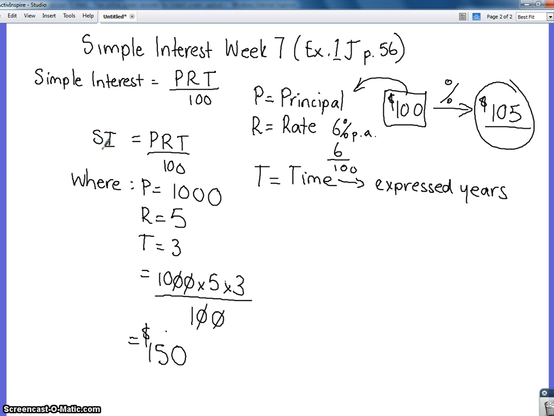The reason why I want you to set it out this way, Jared, is because of a question like question 7 on page 57. We're just going to look at using this formula in a question where we're looking for one of the other things. So we're looking at question 7, page 57, whereby you're looking for time.